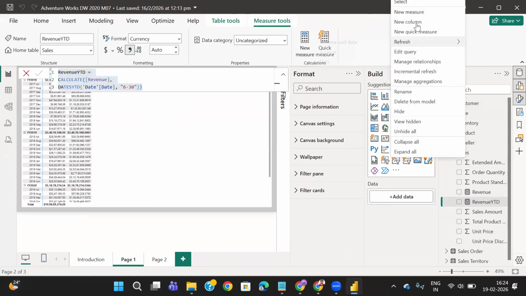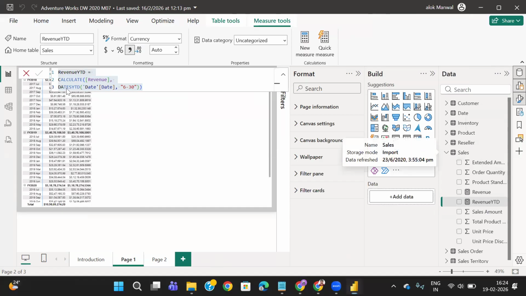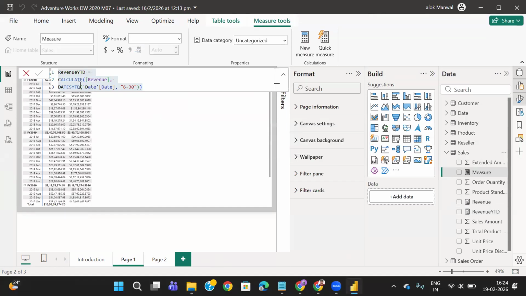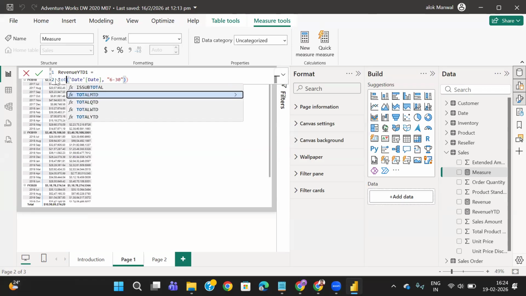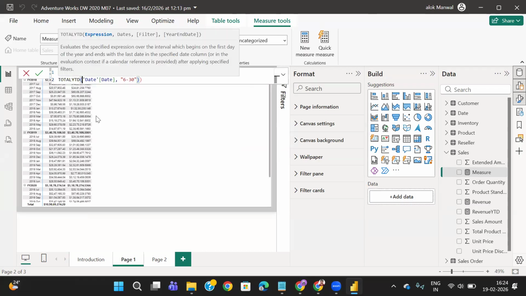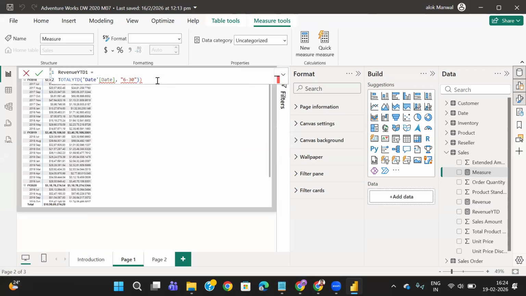But what does TOTALYTD do? It does not take CALCULATE into consideration. Let me check. I'm just taking it here. Rather than using CALCULATE, I'm using TOTALYTD.